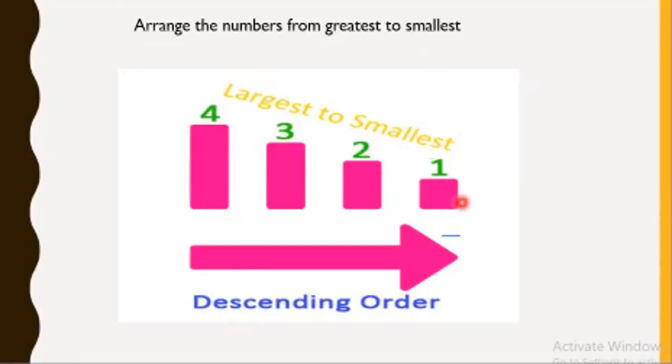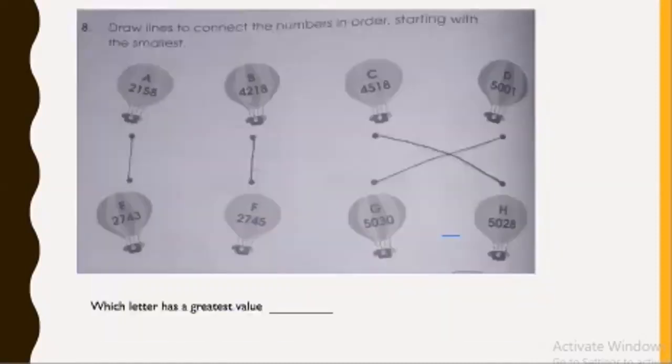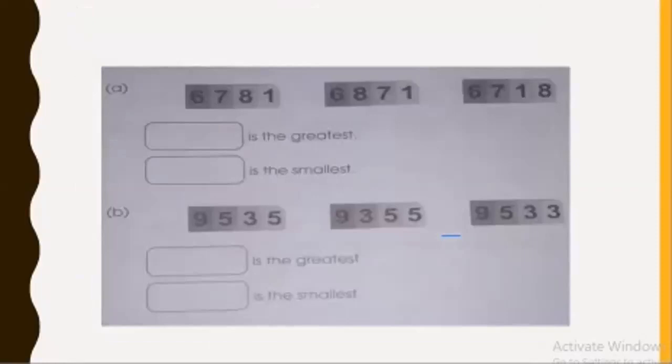As you can see in the picture, 4 is the largest number, then 3, then 2, and 1. After understanding this terminology of arranging numbers in ascending and descending order, we are going to move to the next slide. Okay, don't get bored, my students. I found a very interesting worksheet for you all in the end, and I'm sure all of my students can easily do it.